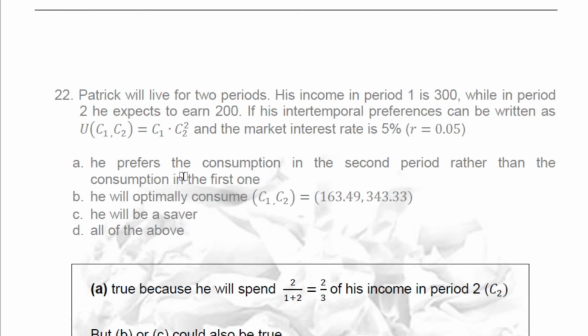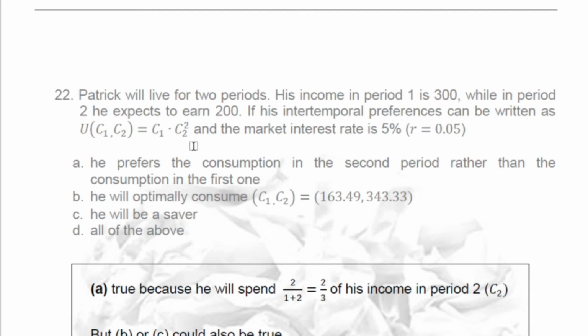Sorry, I didn't read the possible answers. He prefers consumption in the second period rather than consumption in the first period. Yes, that's true, because this Cobb-Douglas type function tells me in this case that 1/3, 1 divided by the sum of the exponents, of Patrick's income will be consumed in period 1 and 2/3 in period 2.